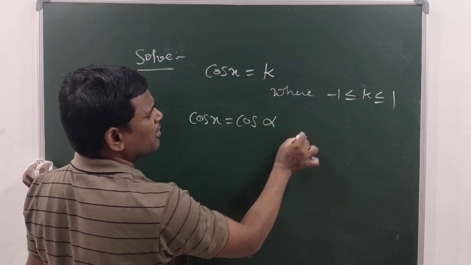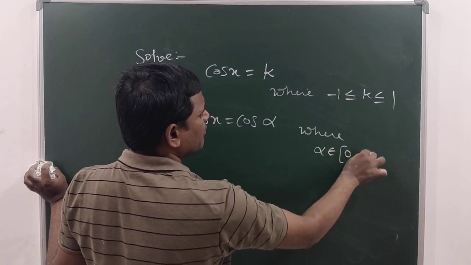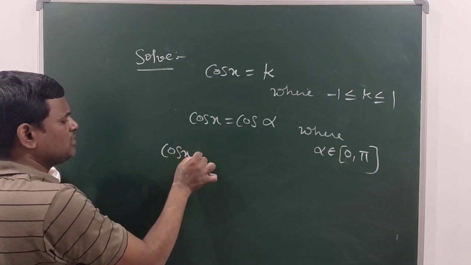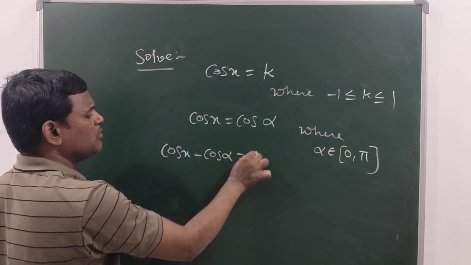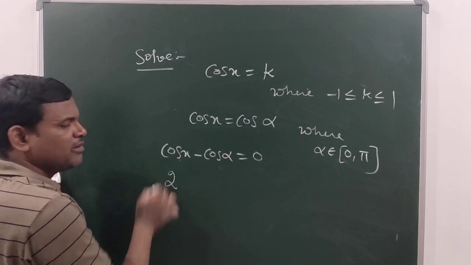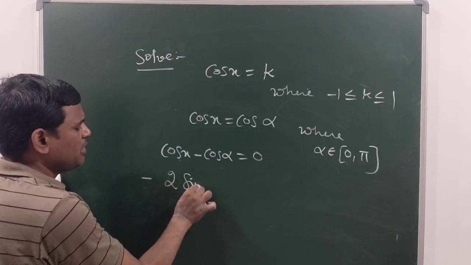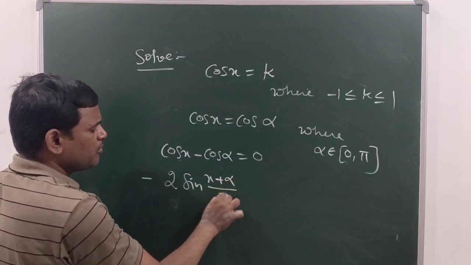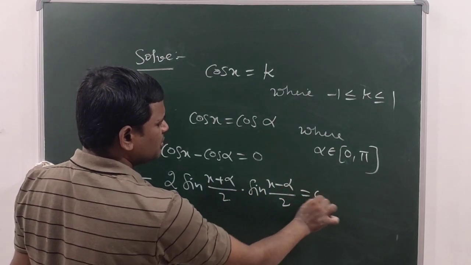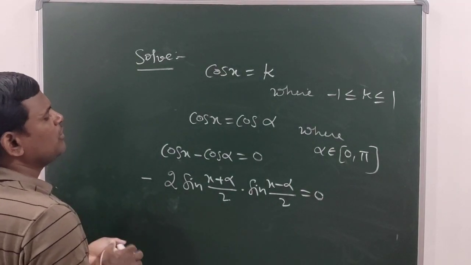Let it be cos alpha, where alpha belongs to the principal domain of cos, 0 to pi, and bring it to the left side. Cos x minus cos alpha is equal to 0. It looks like cos c minus cos d. Now apply the cos c minus cos d formula: minus 2 sine (c plus d) by 2 into sine (c minus d) by 2 is equal to 0. Now transfer minus 2 to the right side.